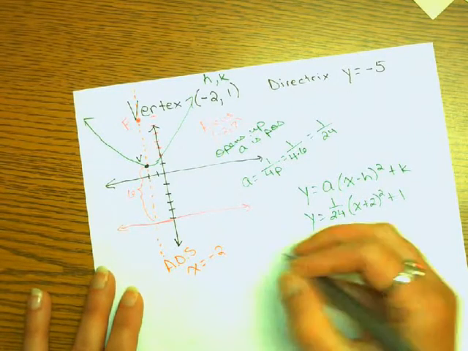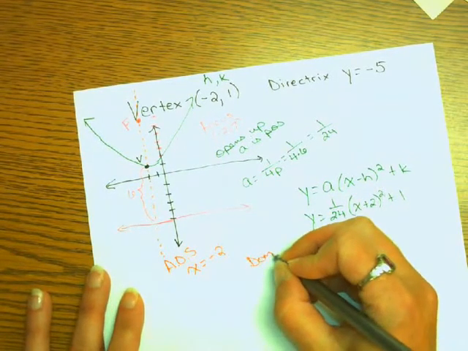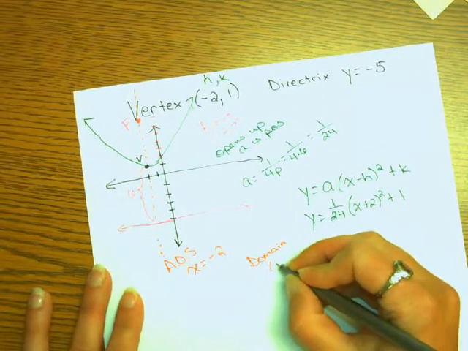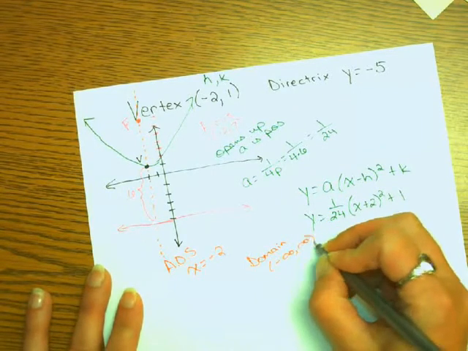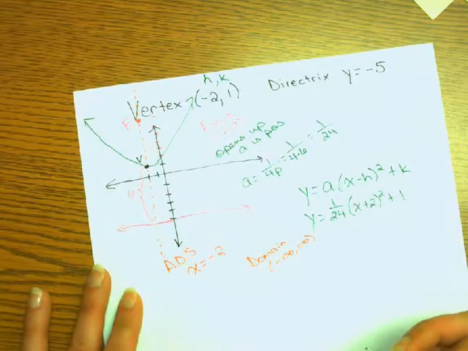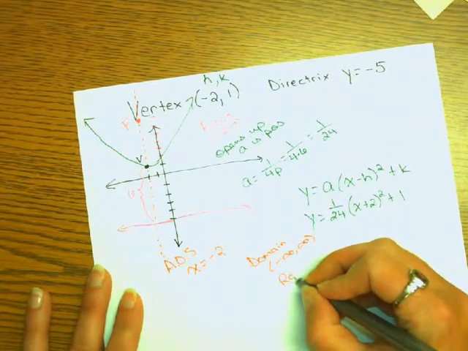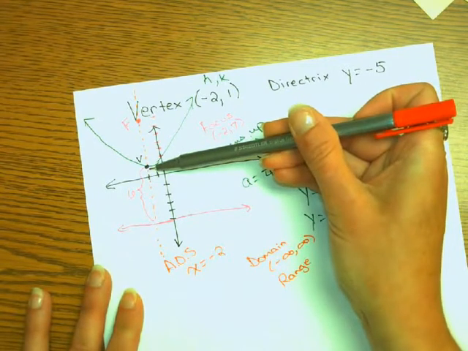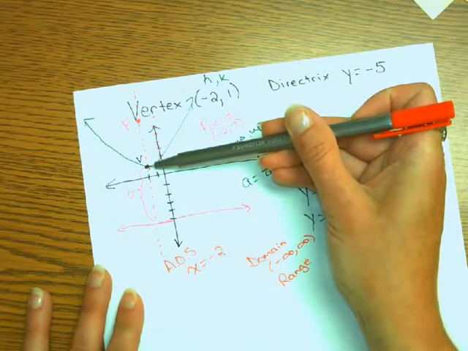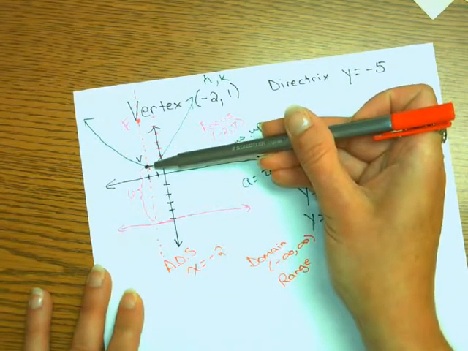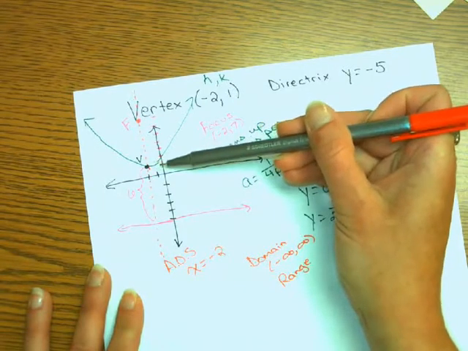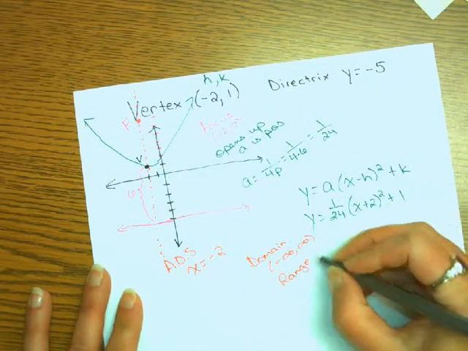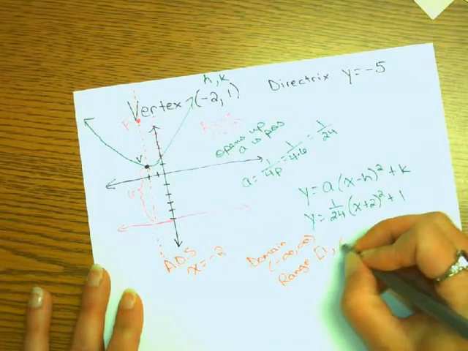Oh, that's a silly question. It's a parabola. The domain is negative infinity to infinity. What's the range? Well, the smallest value on our actual parabola is right there where the vertex is. And this is a minimum vertex at 1. So it starts at 1 and goes up from there.